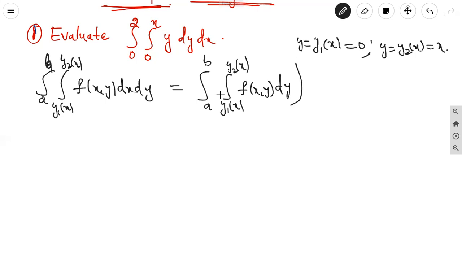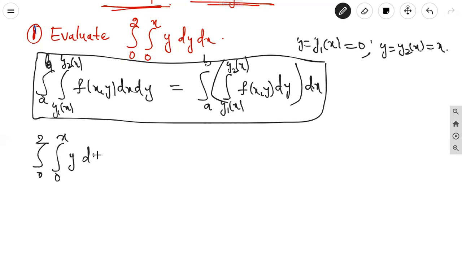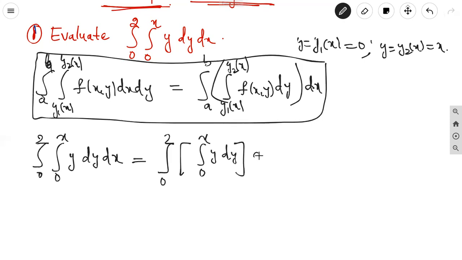First, we integrate with respect to y. After that, x. Why? Because the limits are in x. Now here, integral 0 to 2, integral 0 to x, y dy dx is equal to integral 0 to 2, integral 0 to x, y dy whole dx.